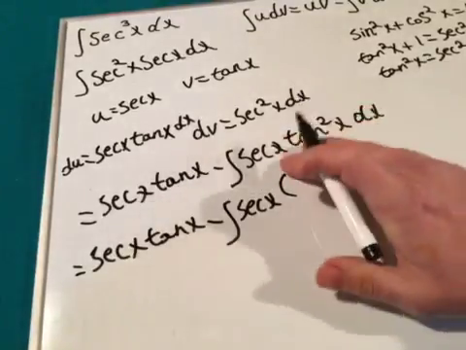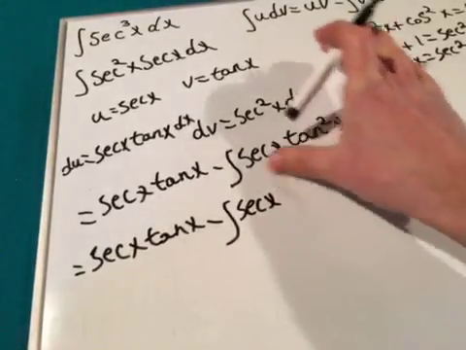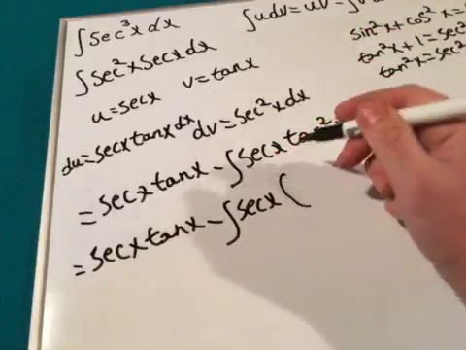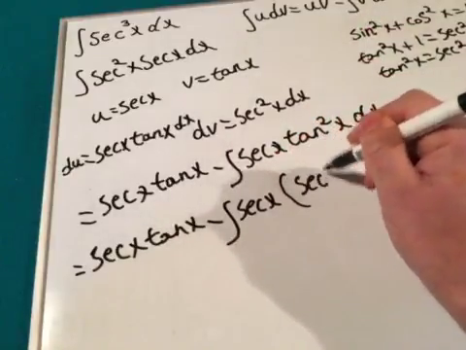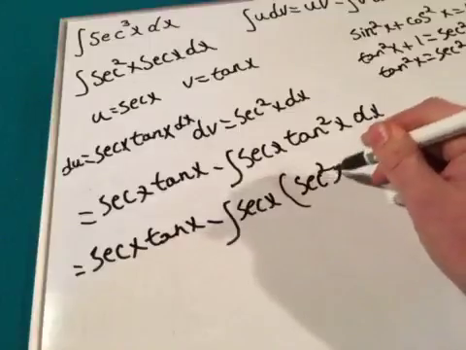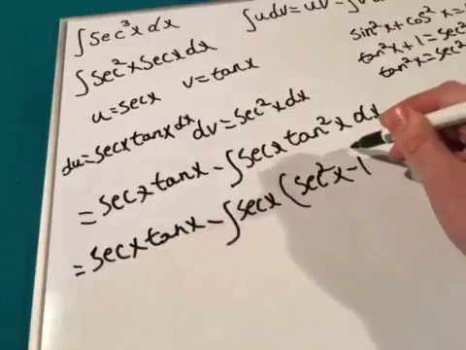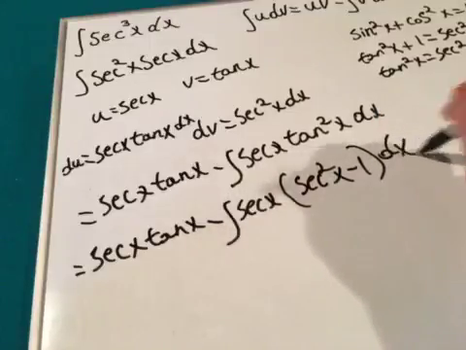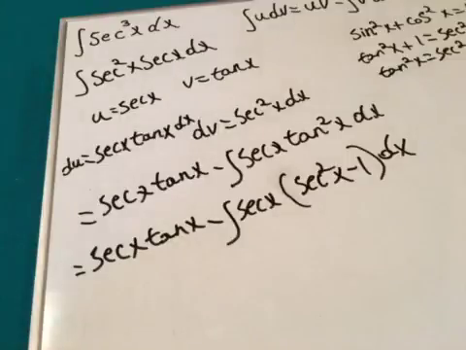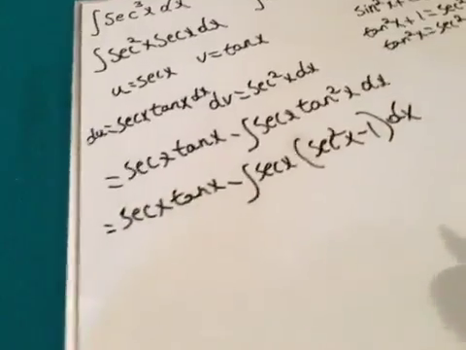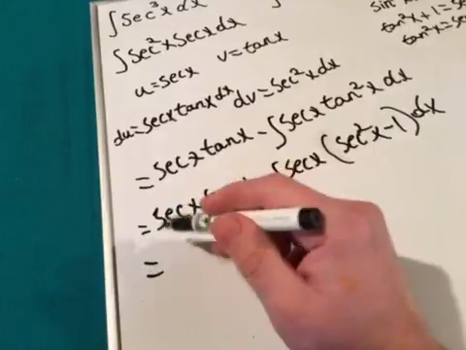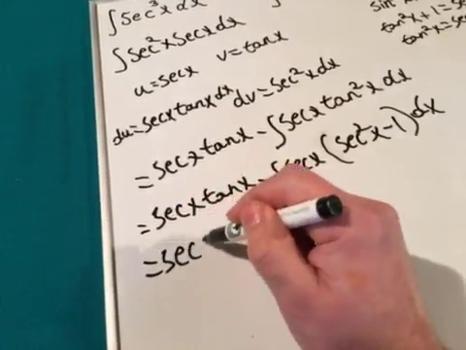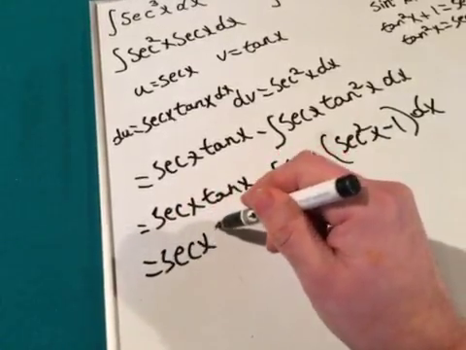So my times tangent squared, which is secant squared x minus 1 dx. All right? Well, I can distribute that, and what will I get? I can distribute that secant. We still have a secant x tangent x out here.